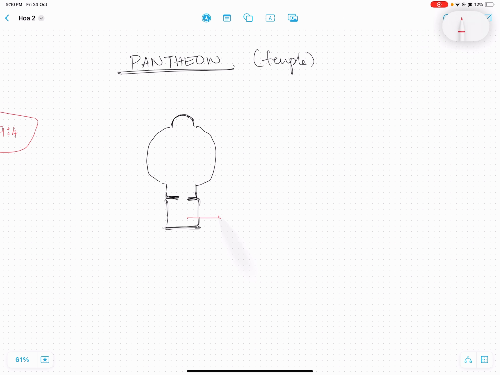So this is your entrance porch, your vestibule, rotunda, and altar or apse.